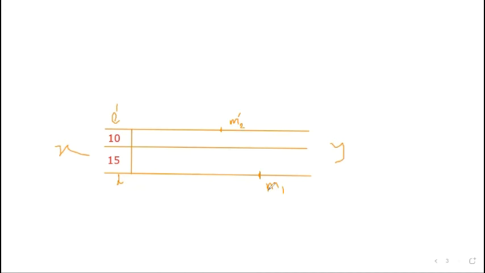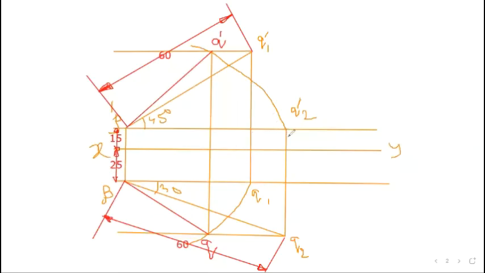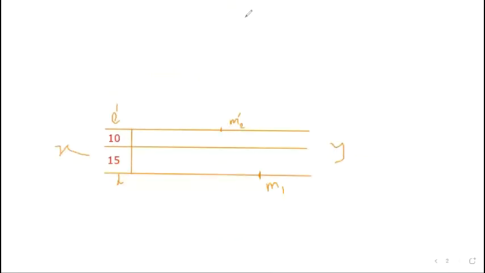Now, in the previous problem, if you see, from M2 dash we draw a vertical line in the downward direction, and from M1 we draw a line vertically upward.